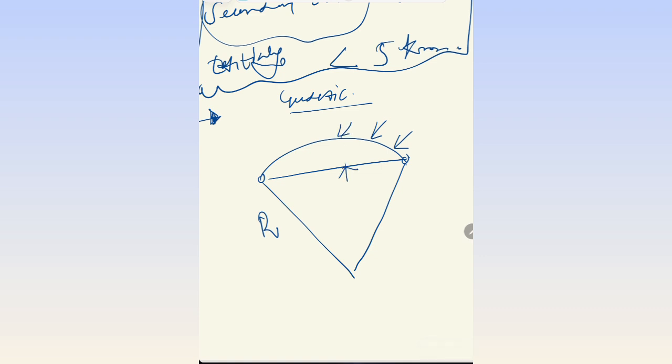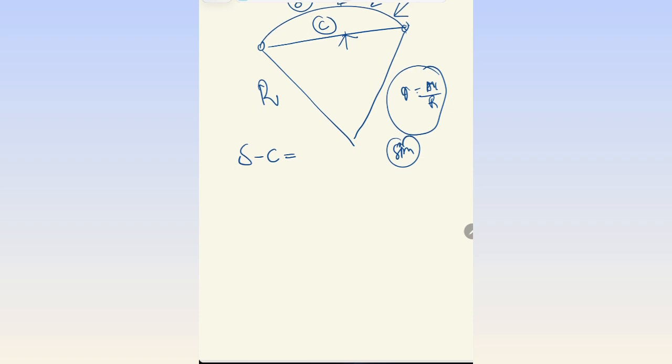It has been asked in many exams. If this distance is s, the arc distance, and this is c, the chord length, then s minus c, when we use the approximation method and the basic theta equals arc by radius, then go for sine theta by 2 and use the approximation from mathematics, the formula comes out to be s cube divided by 24 R square.